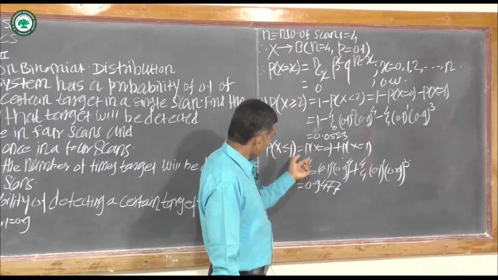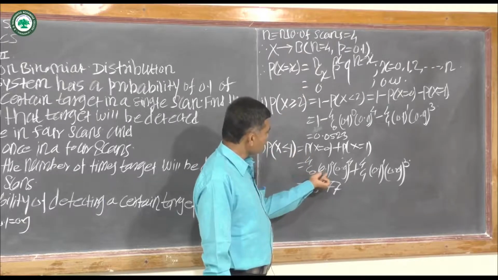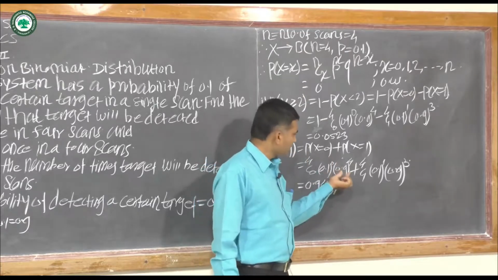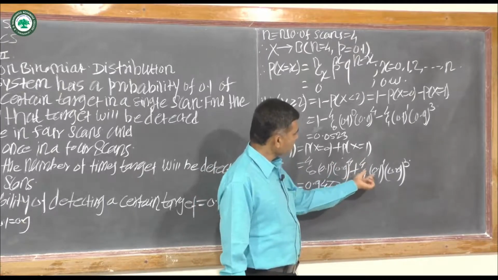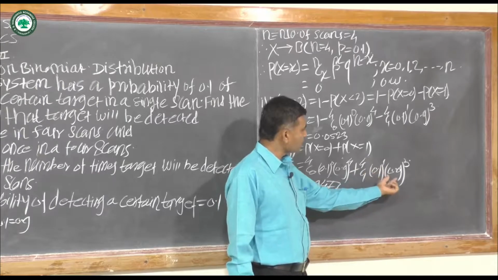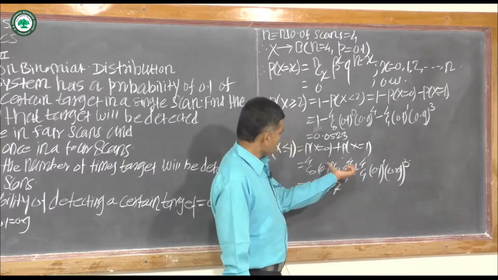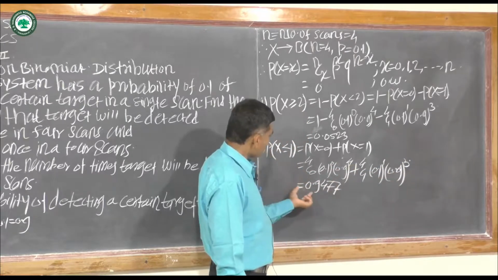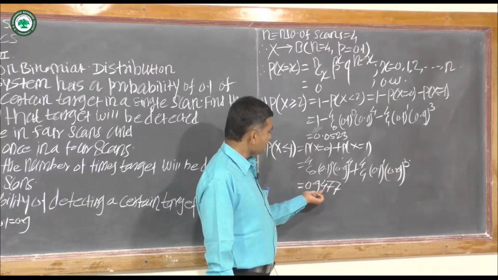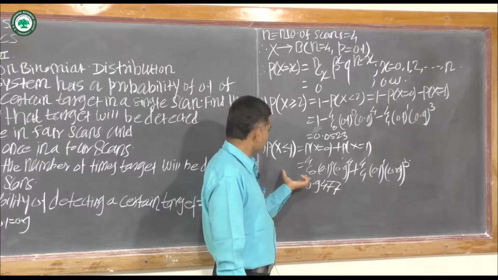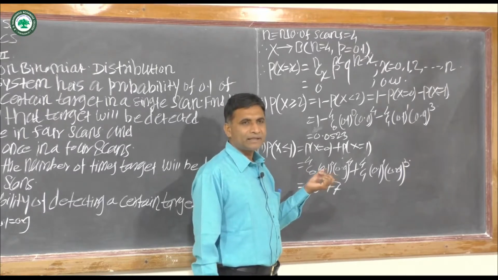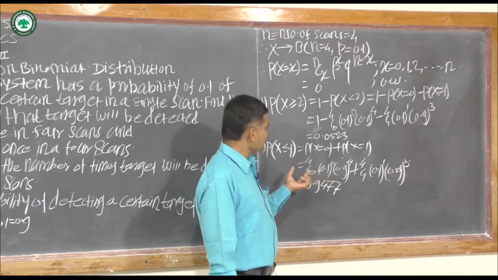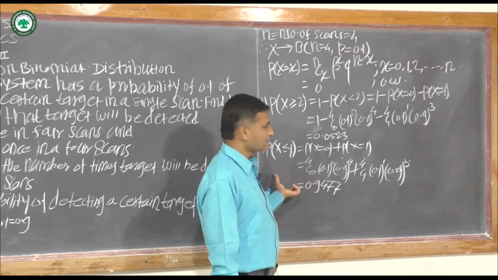Then we have 4C0 into 0.1 raised to 0 into 0.9 raised to 4 plus 4C1 into 0.1 raised to 1 into 0.9 raised to 3. Then the required probability is equal to 0.9477, which is the probability of detecting a certain target at most once in 4 scans.